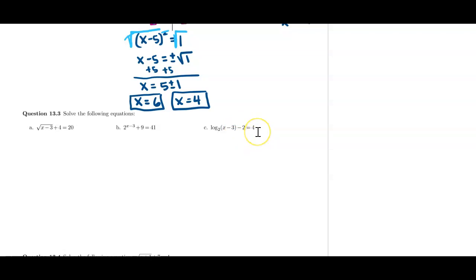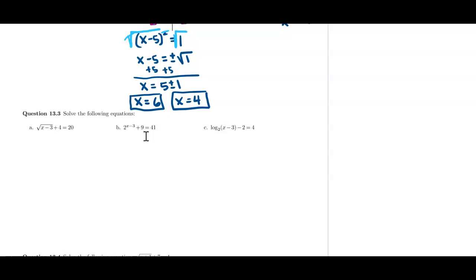For B, the one where you put it into log form, you'll move the 9 over first, and then you'll take the log. Well, actually, on this one, you don't have to take the log. You could make the bases be the same. Do you want to try it that way?